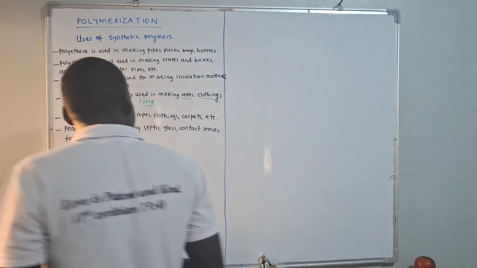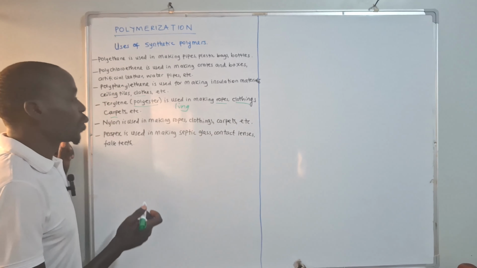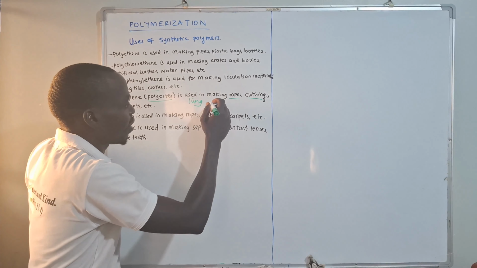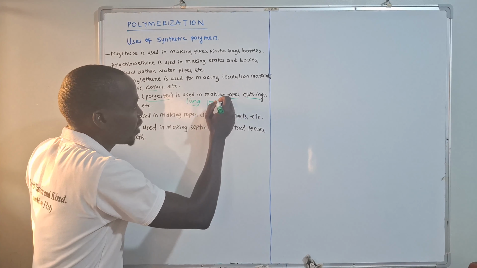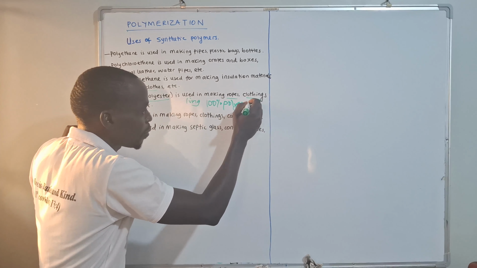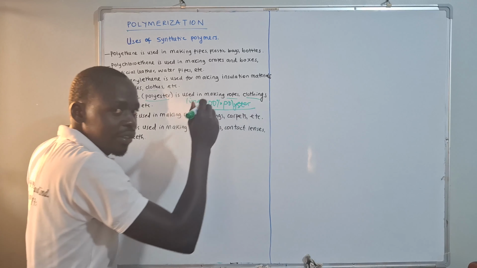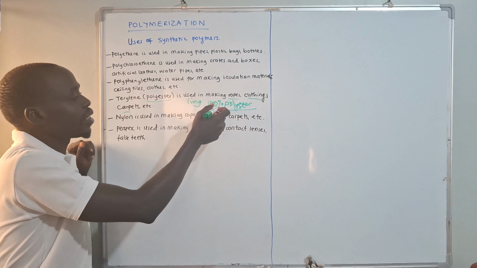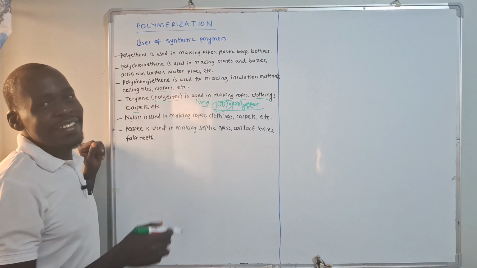Now, for you to act differently, if you want to go and buy clothes in the market, you check that part where they have the information. If you see something that is 100% polyester, and that factory did not fake it, you buy it, and you'll be in a position to stay with these clothes for the rest of your life.